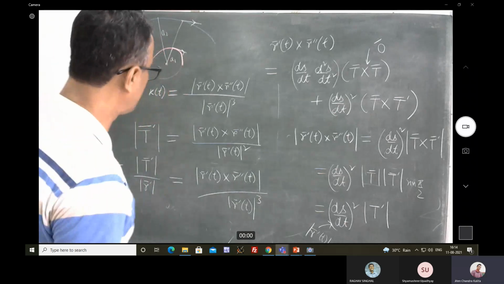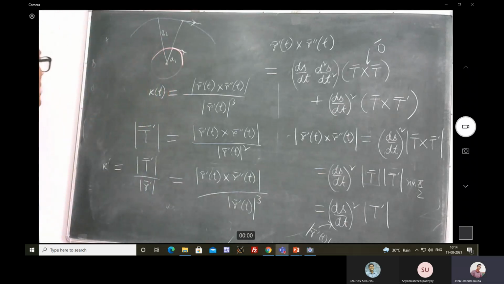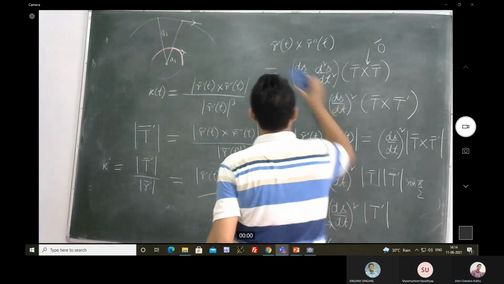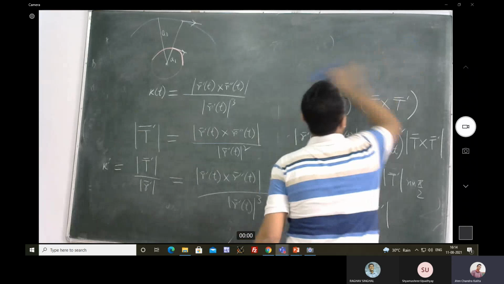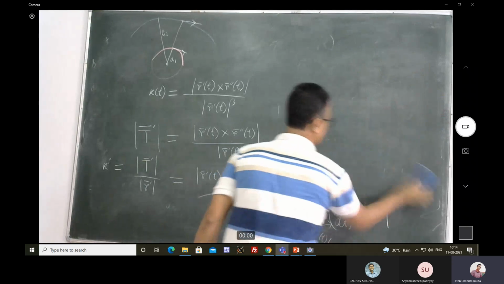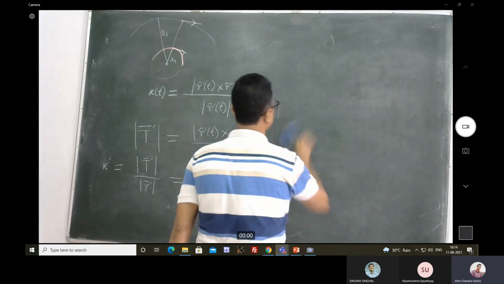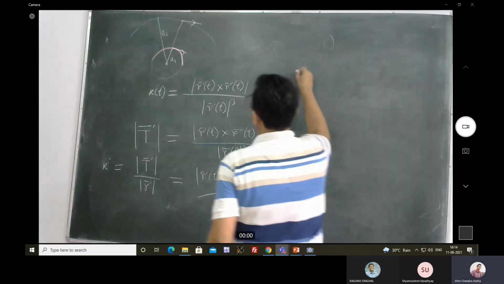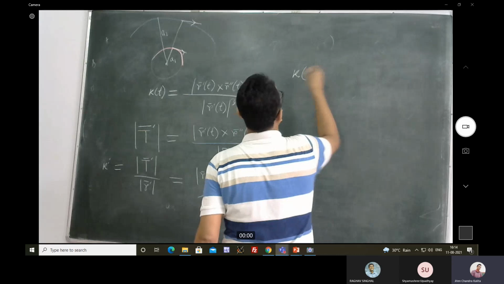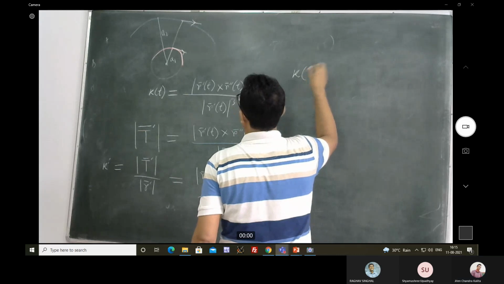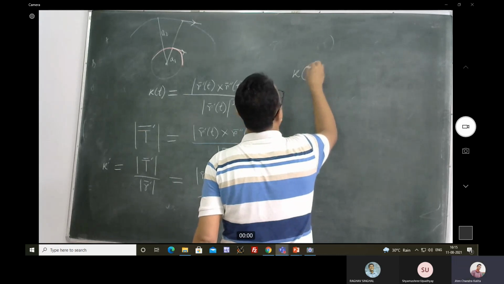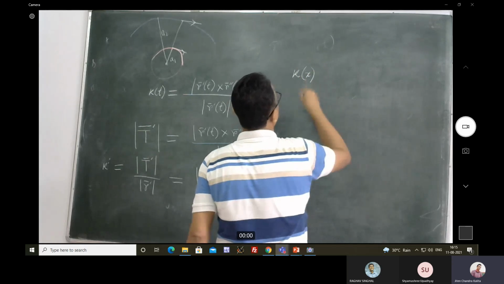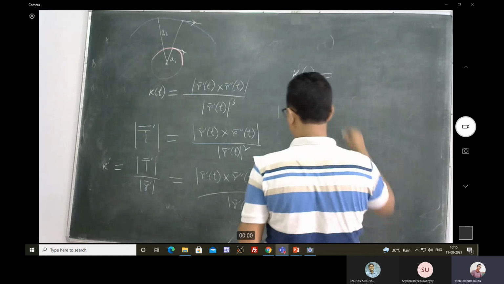Okay, so there is another formula. I'm just simply going to give you how to prove that. This can also be written in Cartesian coordinate plane. So this is kappa of x.